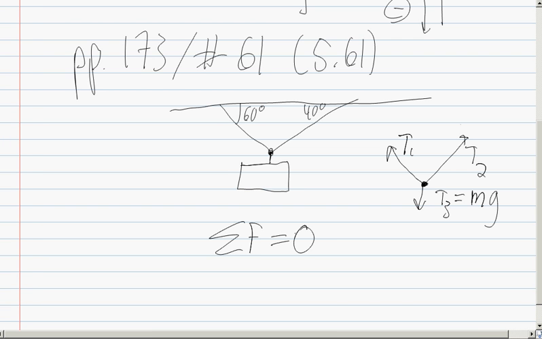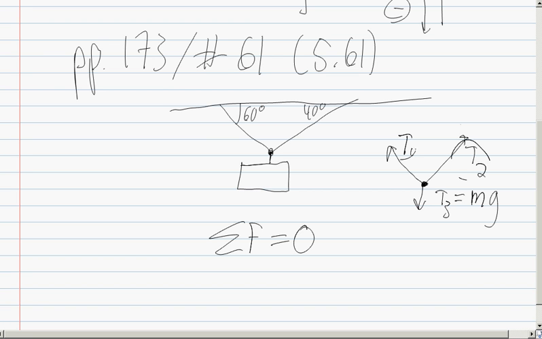The key here is that nothing is moving, so we know that the sum of all the forces is going to equal 0. Now first they ask which is going to have the greater tension. Well, that's a good question. If you look, the T1 is holding a little more straight upward than this one is.